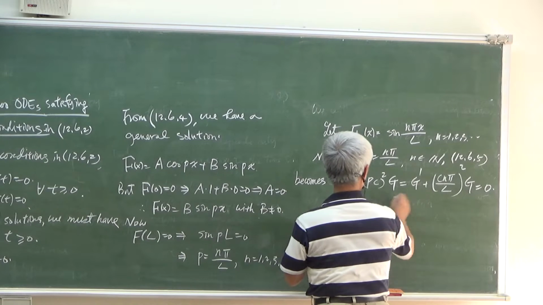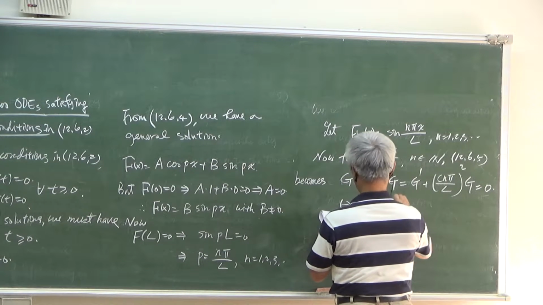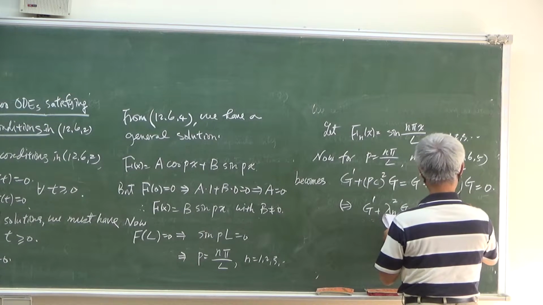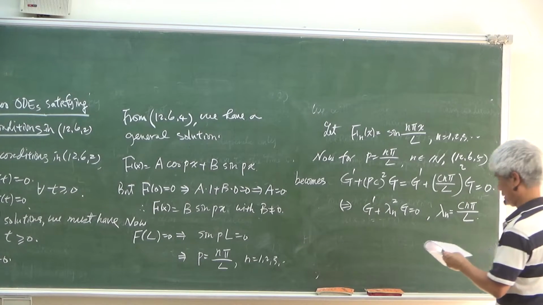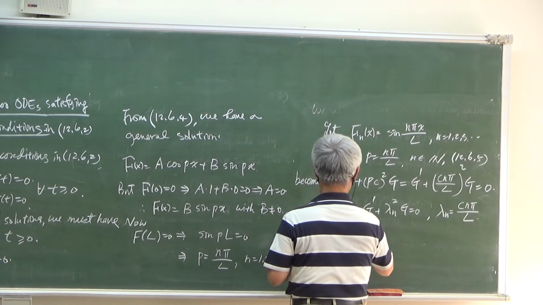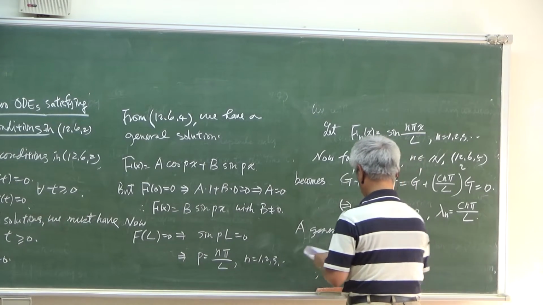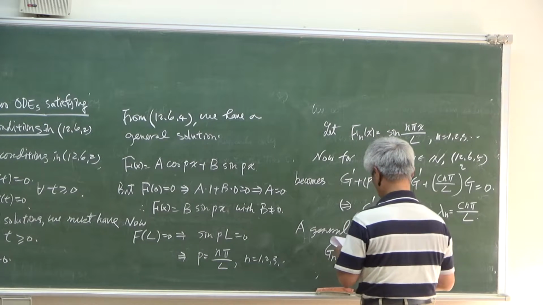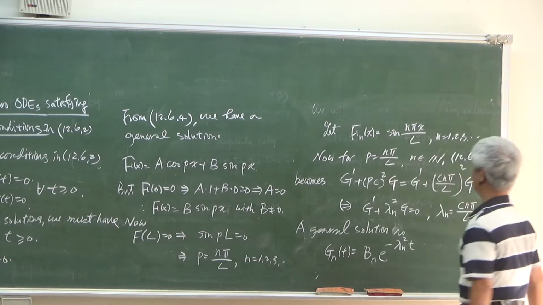Okay, so we define this lambda n equal to c n pi over L. So the general solution, okay, it's Gn of t equal to Bn e to the minus lambda n squared t.